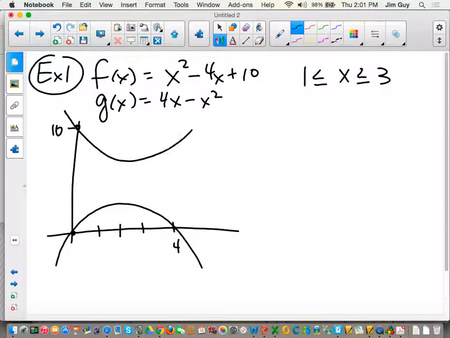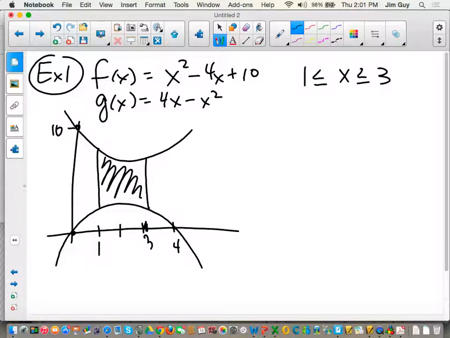And that one's going to go like this. And it said from 1 to 3, because right now there's no defined region. For a lot of people, the hard part is figuring out what that region is. So 1 to 3. So here we are. That's our area.